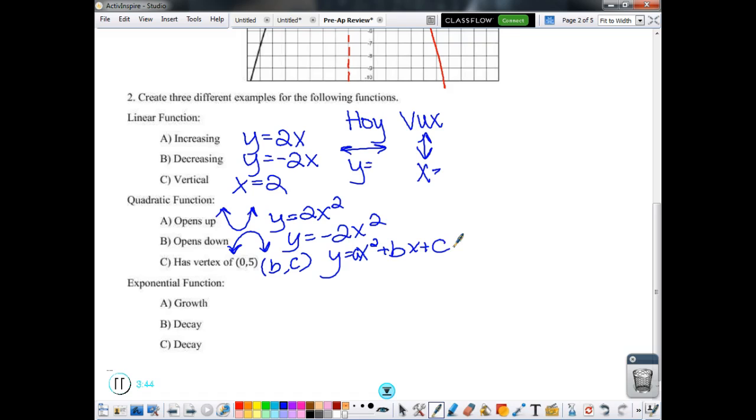So a could be whatever, but for sure b has to be 0 and c has to be 5. 0 is just 0, so I don't have to write the 0. So an example would be 2x squared plus 5. That makes sense? You can have whatever number in front of the x squared, but the plus 5 has to be there. Okay?